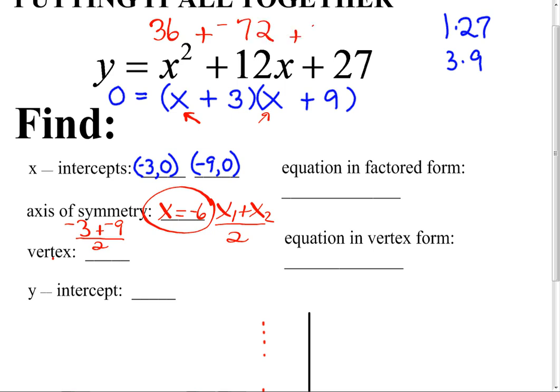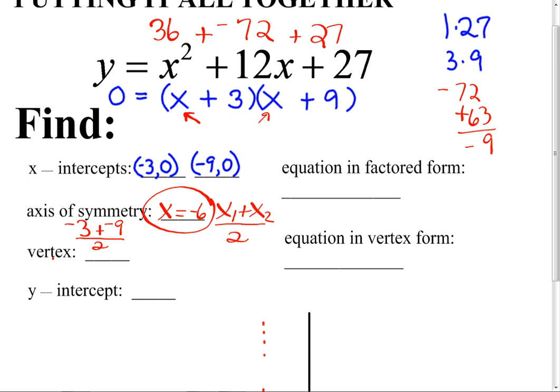Plus 27. That's a lot of work arithmetic-wise. If I add these together, 36 and 27 gives me 63. So negative 72 plus 63 gives me 9. Cool. Math.